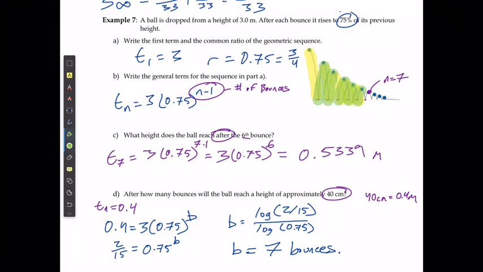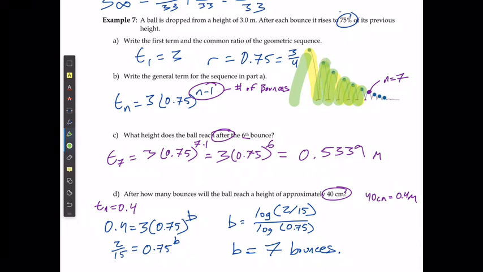Now, when I initially drop it, there is no vertical height of it coming up, which means that that first term is only going to exist for it dropping, not for it rising.